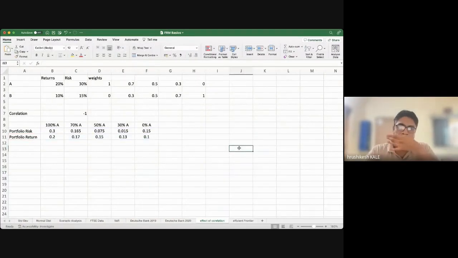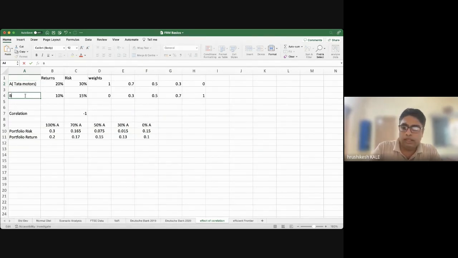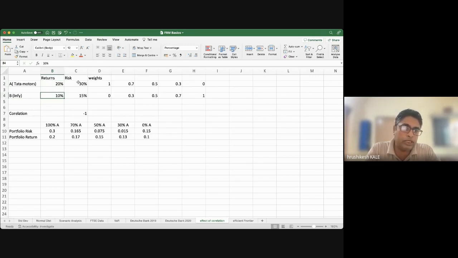Perfect. Okay. Now what I have done here is that I have taken two assets, asset A and B. So asset A is, let's say, Tata Motors, just to understand. And asset B is Infosys. The return of asset A is 20%, return of asset B is 10%, risk of asset A is 30%, risk of asset B is 15%.